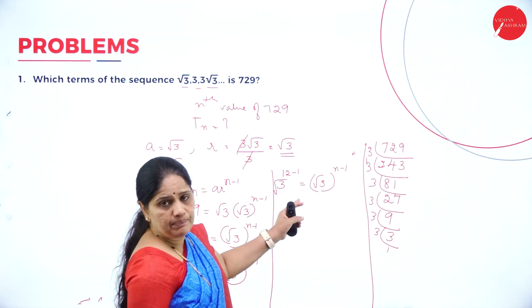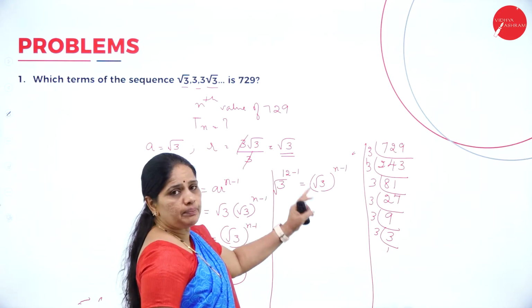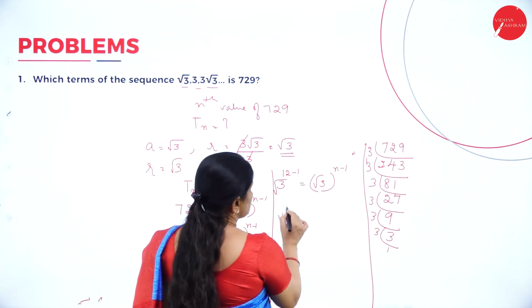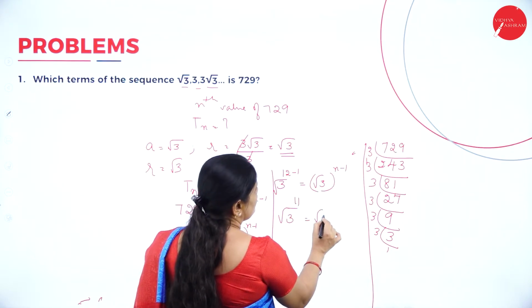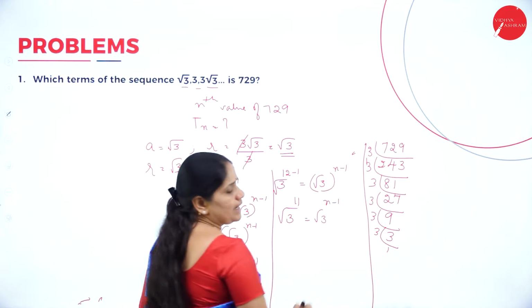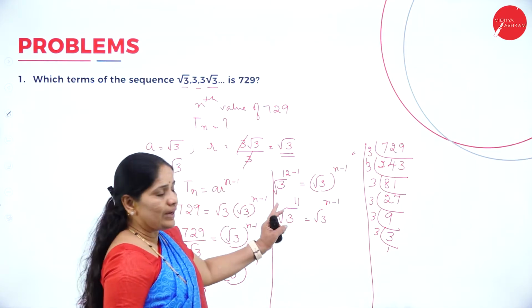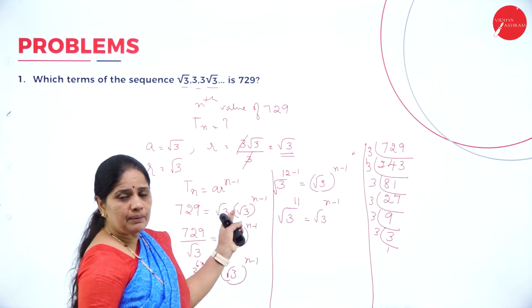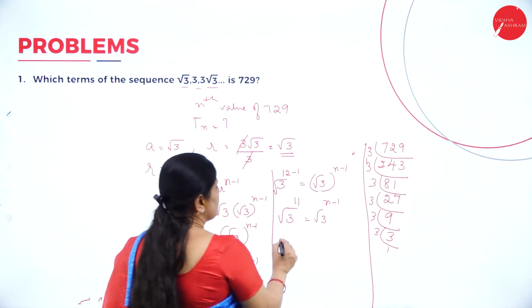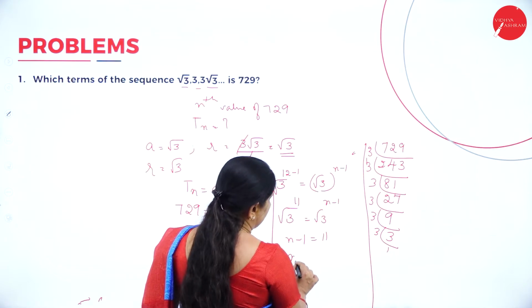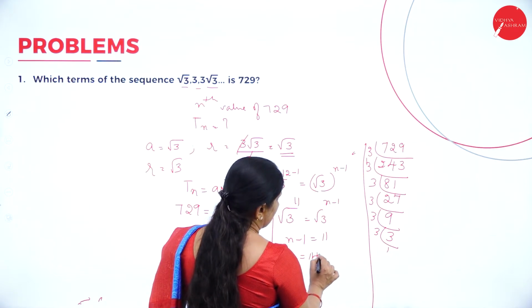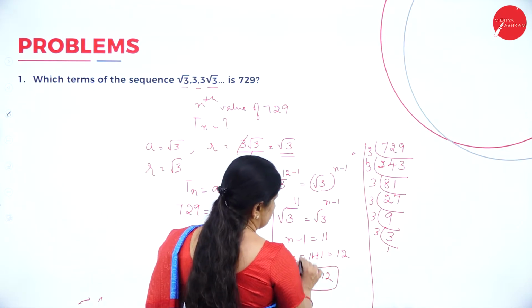Now, when we simplify this, root 3 to the power 11 equals root 3 to the power n minus 1. So, when the bases are same, the powers can be equated. So, n minus 1 equals 11, n equals 11 plus 1, that is 12. So, n equals 12 is the answer.